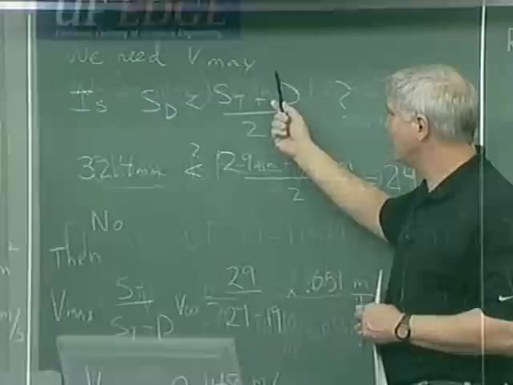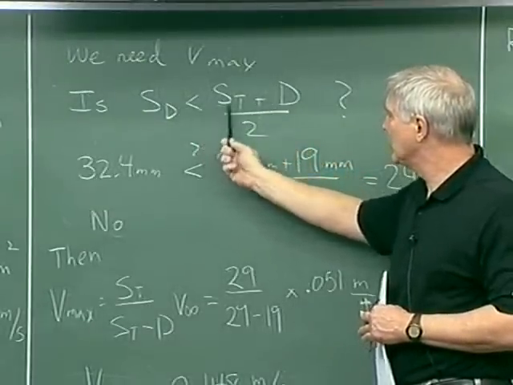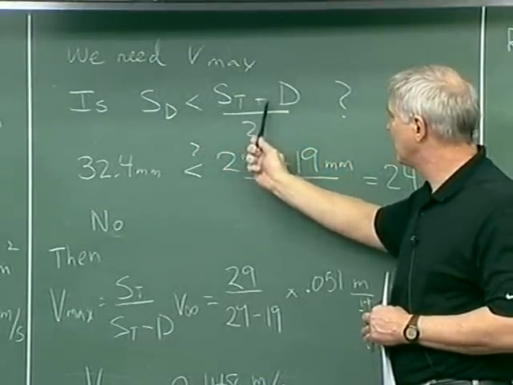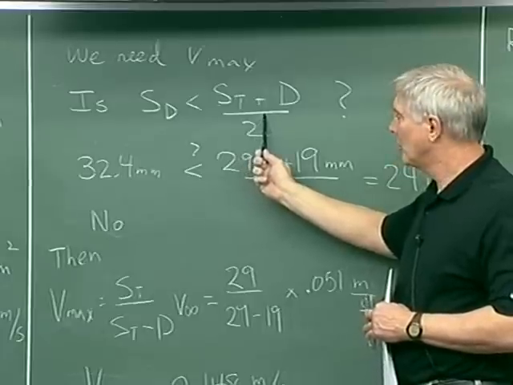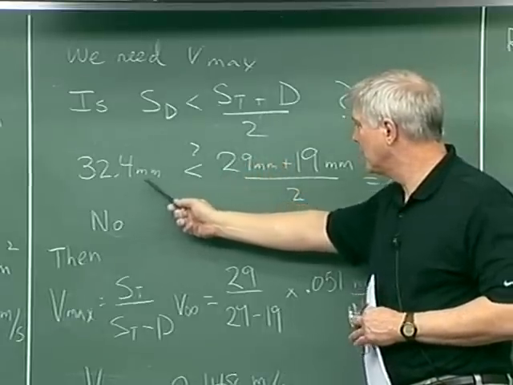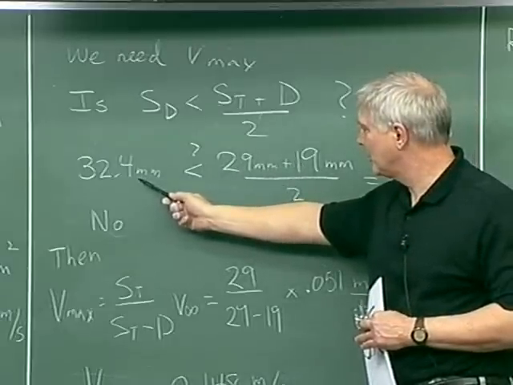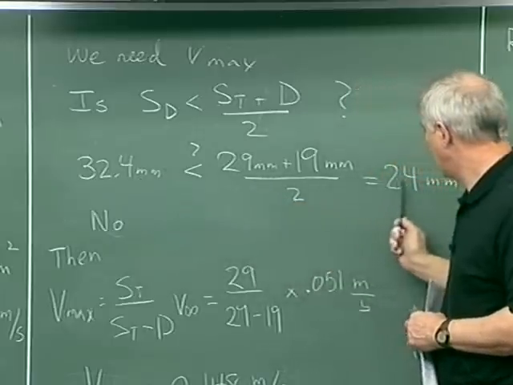Now we've chosen a staggered arrangement, so we have to ask the question: is SD less than ST plus D over 2? That way we'll know which Vmax to use. We plug in SD and our numbers, and the question is, is 32.4 less than 24?